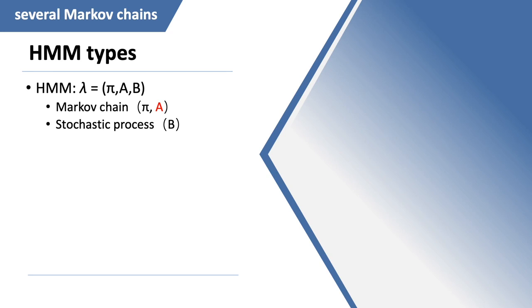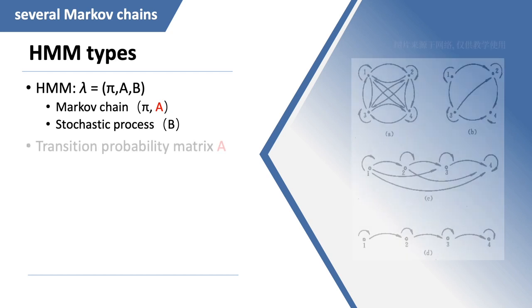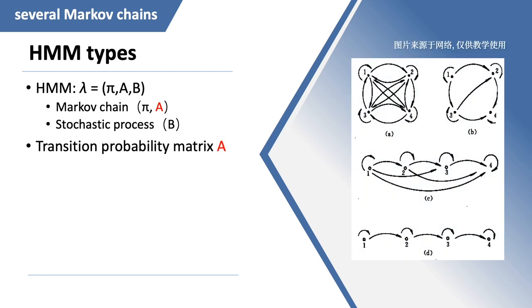For some applications, we will use some special types of HMM. The left-right model is one example, where the state index can only increase or stay the same as time goes on.